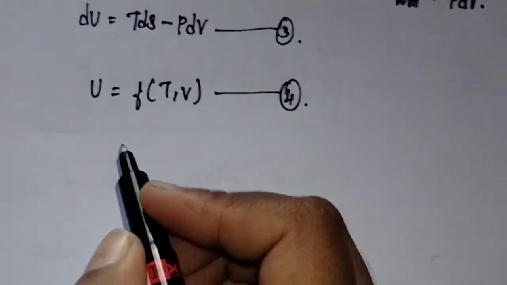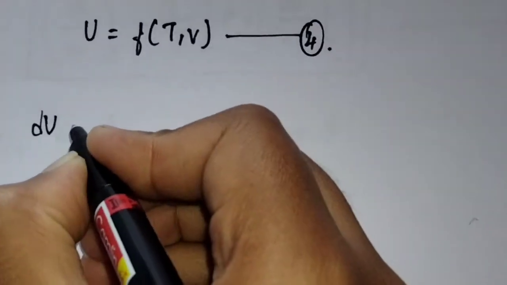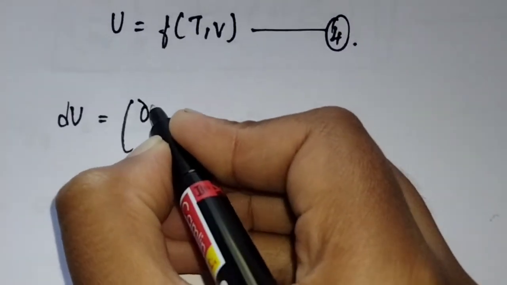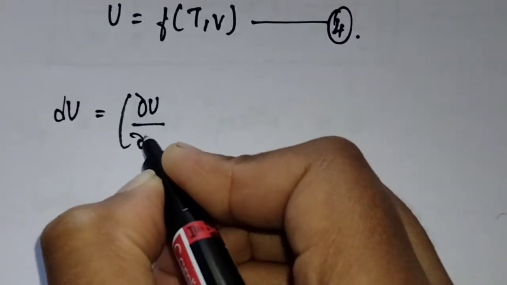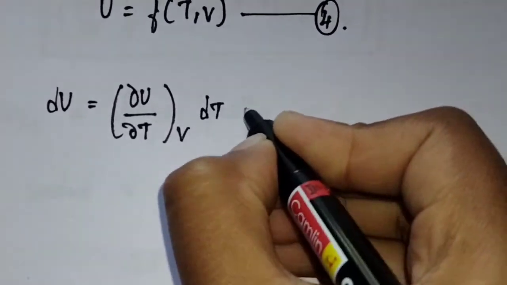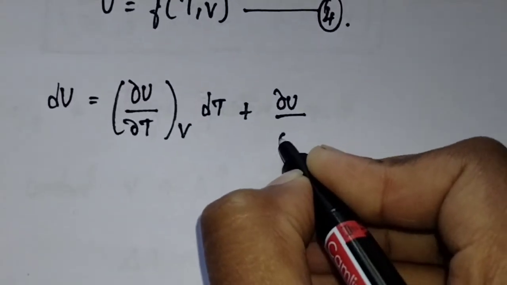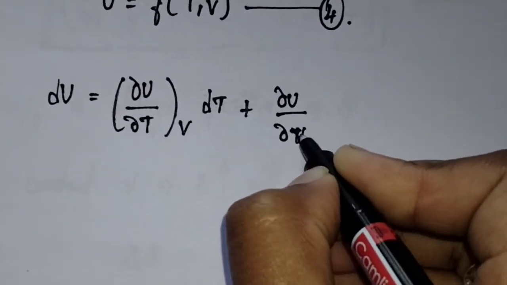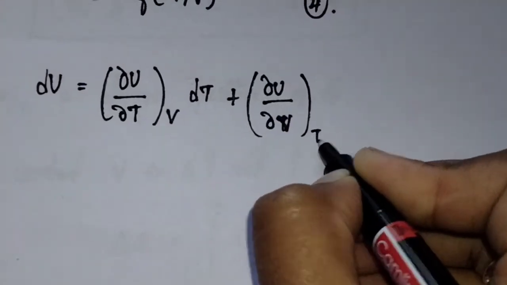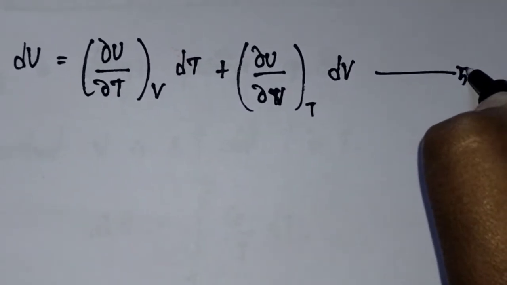While differentiating equation number 4, we get dU is equal to dou U divided by dou T at constant volume into dT plus dou U divided by dou V at constant temperature into dV. Take this as equation number 5.